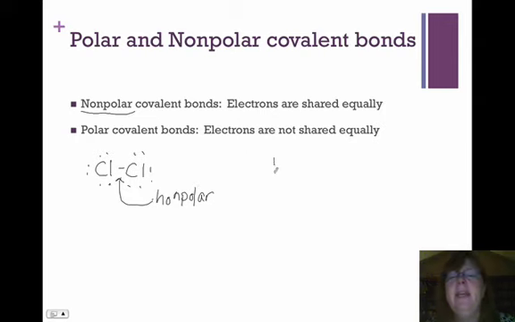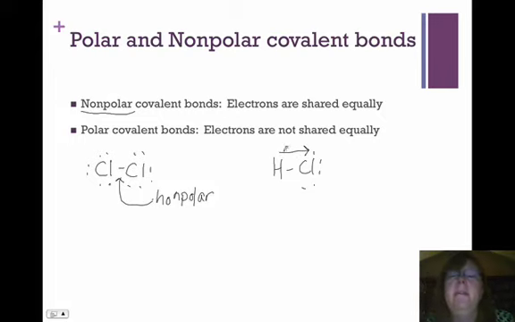But something like HCl, the electrons in this covalent bond, chlorine is pulling on them more tightly. Remember, chlorine is more electronegative. One way that we can show that is to draw an arrow toward the chlorine, showing it's pulling on those electrons more tightly.